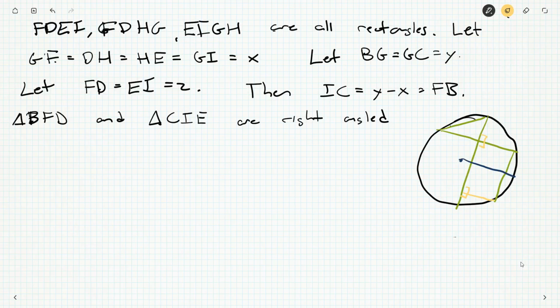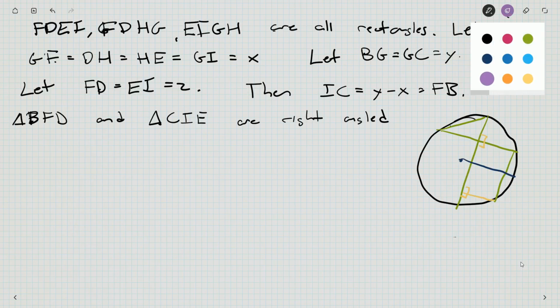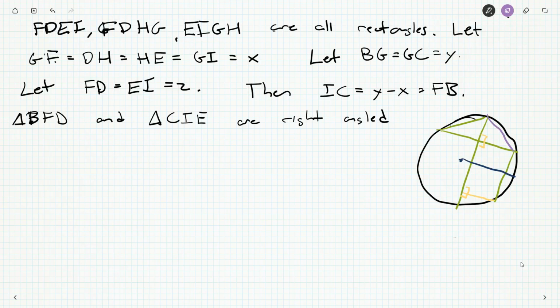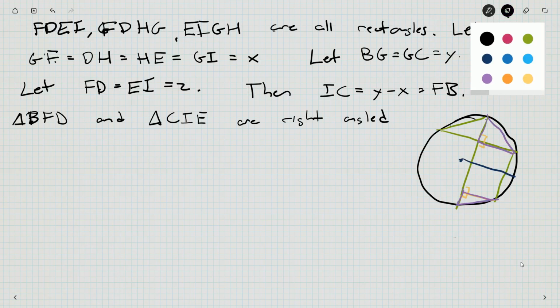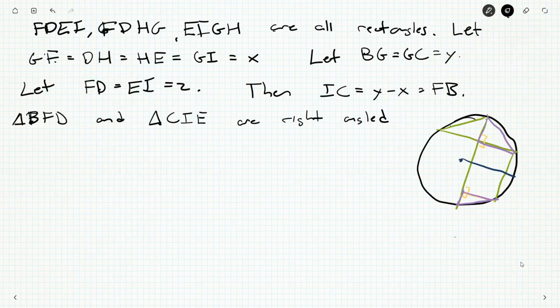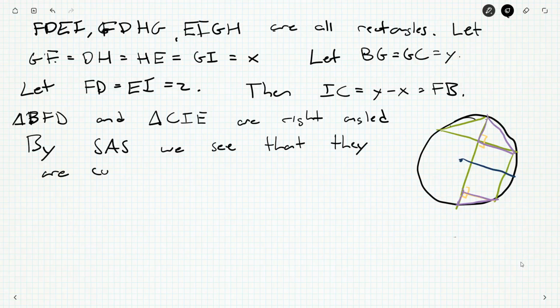So we have some right angles, and then we've got these purple lines here. And these purple triangles are, by side angle side, congruent triangles.